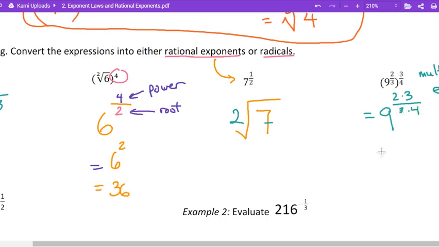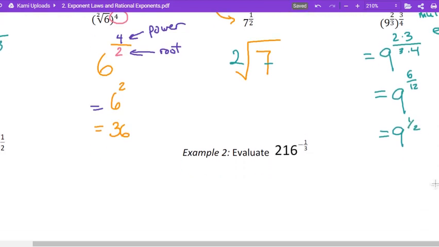I can cross cancel if I'd like, but for simplicity, I will leave it as 6 over 12. 6 over 12 can be reduced to 1/2. And when I have 1/2, this tells me I'm taking the square root of 9, with an index of 2. We can write that in, but we don't have to. The square root of 9 is 3.